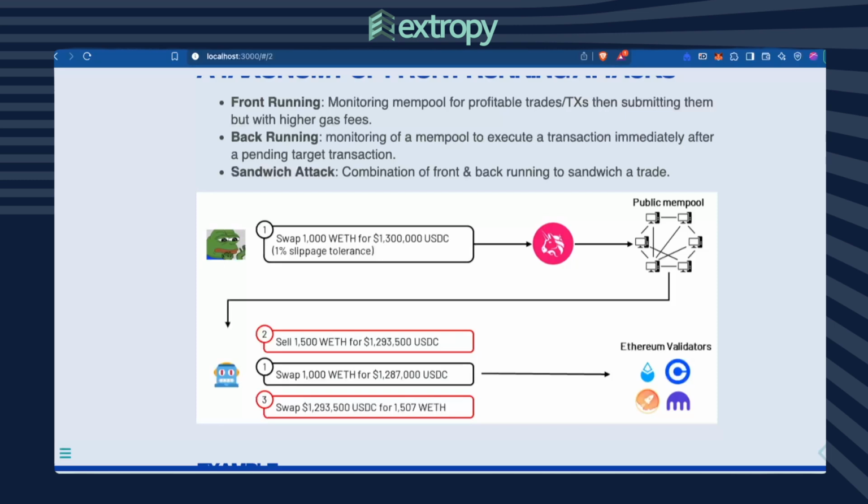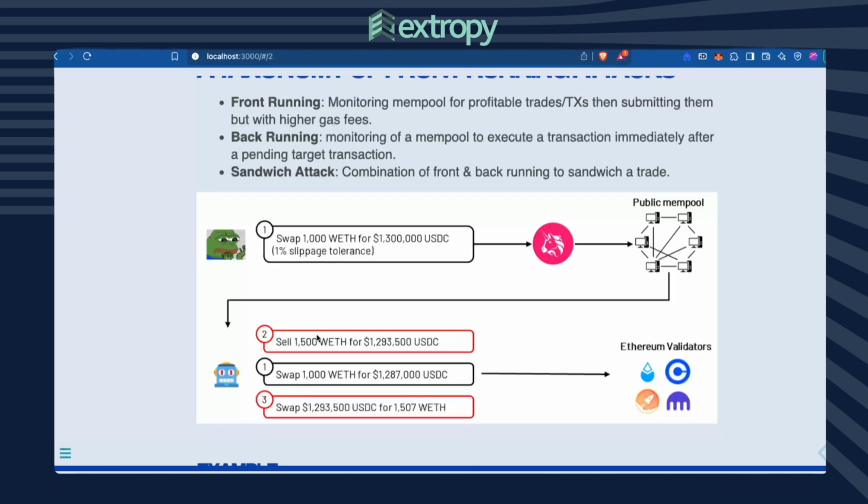What happens is, as soon as this is seen in the mempool, a sandwich bot comes in. It works out that it can get a transaction ahead of this and move the price so that our innocent trader doesn't get as good a price as he was hoping.